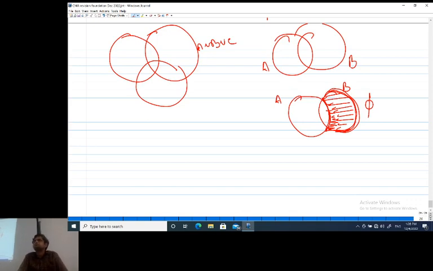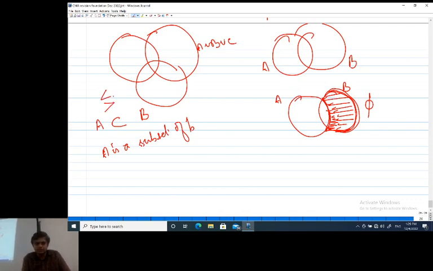Not understood? Okay, if you draw it like this, A B means A is a subset of B. I told you, remember with the greater than less than symbol.